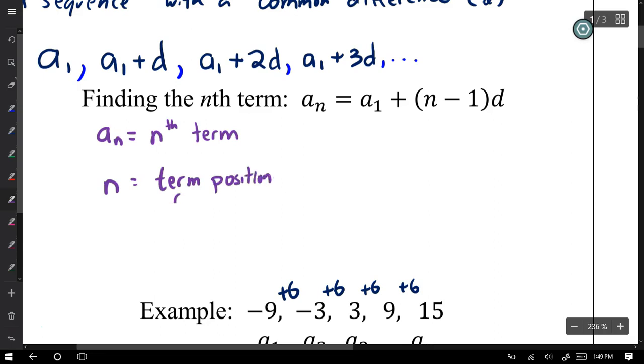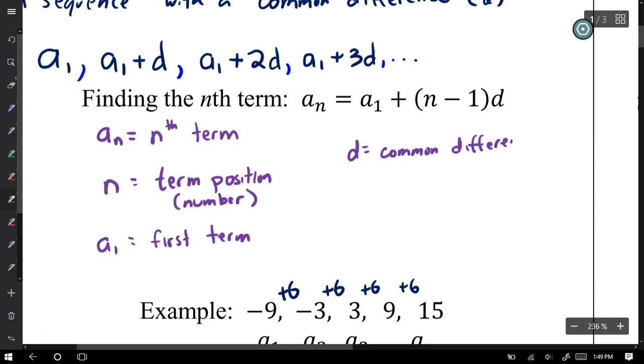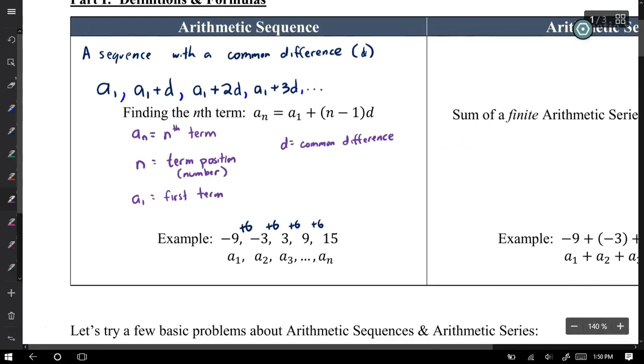What number in the sequence, in the position, are we looking for? So the number of the position. a1 is the first term. And then d is your common difference. What are you adding each time in the sequence?